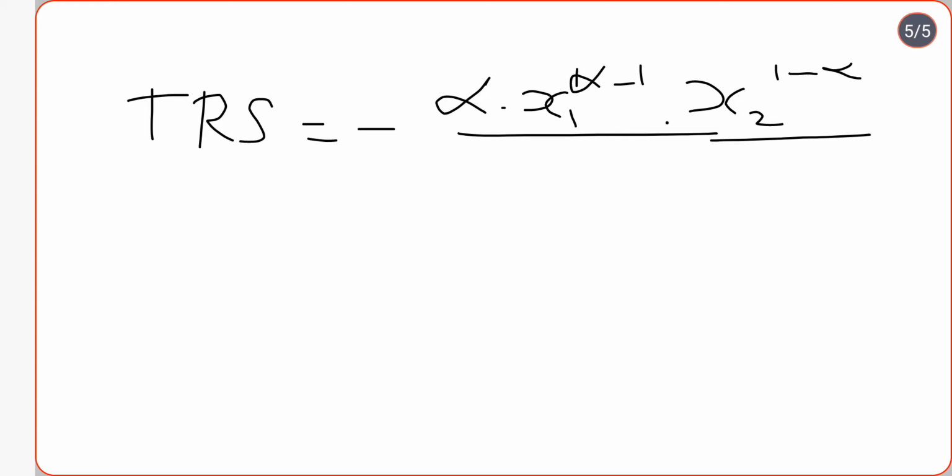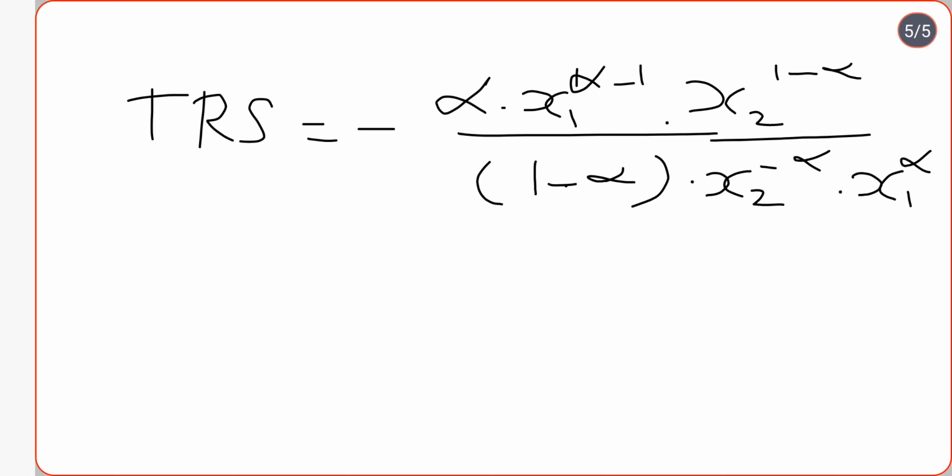What is del f by del x2? That will be in the denominator part of the equation. That is 1 minus alpha into x2 to the power minus alpha into x1 to the power alpha. Now if we take this x2 to the power minus alpha into the numerator part, then it will become x2 to the power plus alpha.